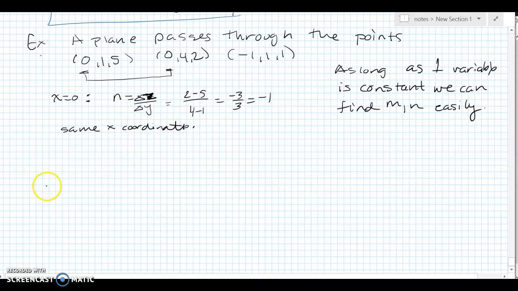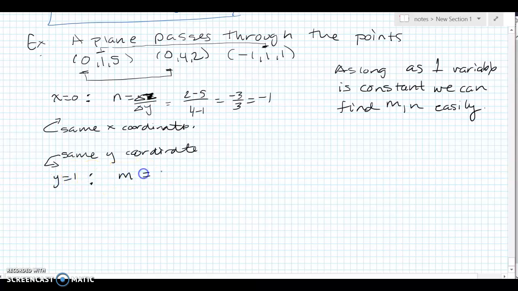Notice we have a 1 here and a 1 right here. That's the same y. So this will use the same y coordinate, that being y equals 1.